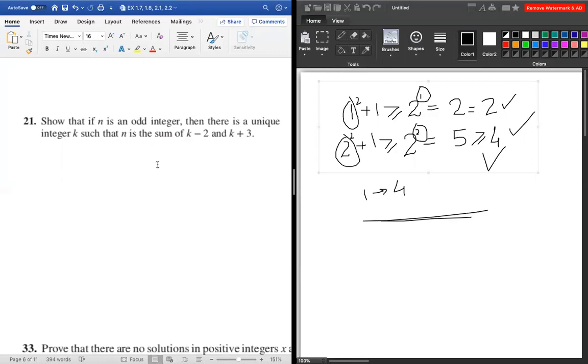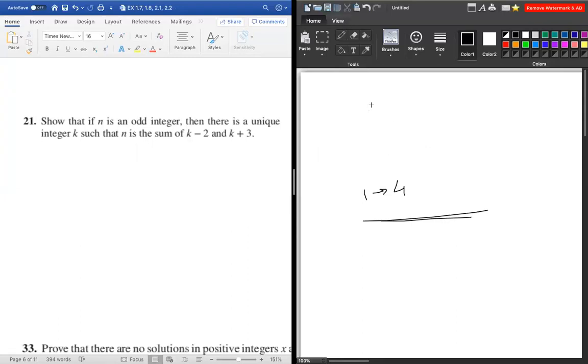Okay, so we are asked to basically solve n equals (k minus 2) plus (k plus 3).